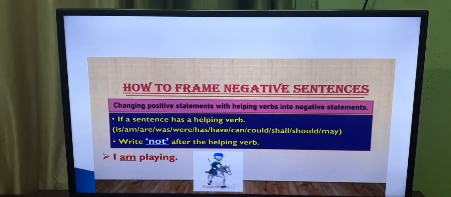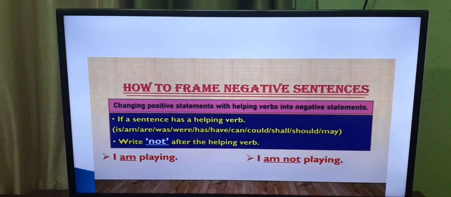Am is the helping verb, and we will use the word not immediately after the helping verb. I am not playing. So you will see how easily I have changed my sentence into negative.